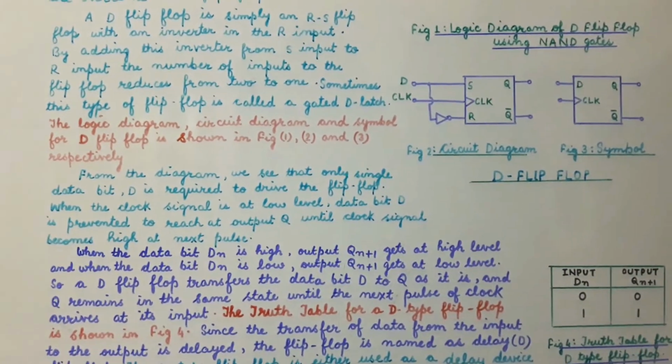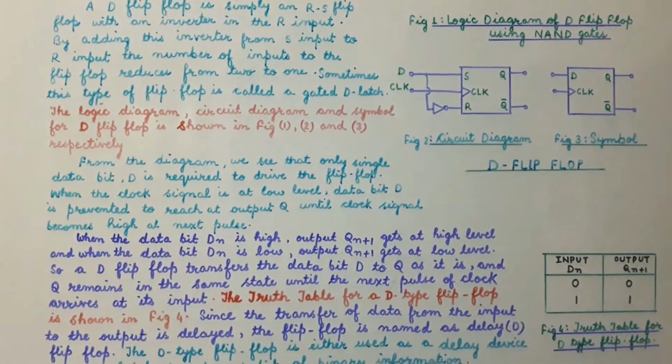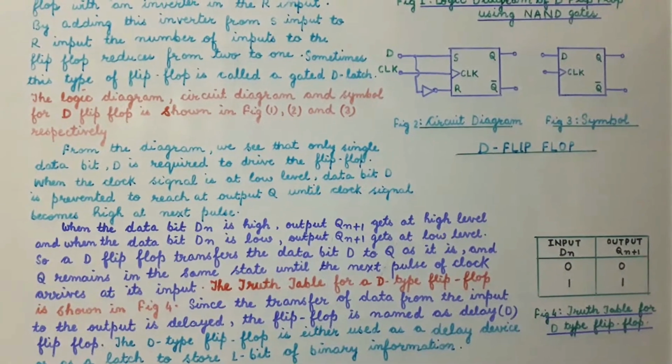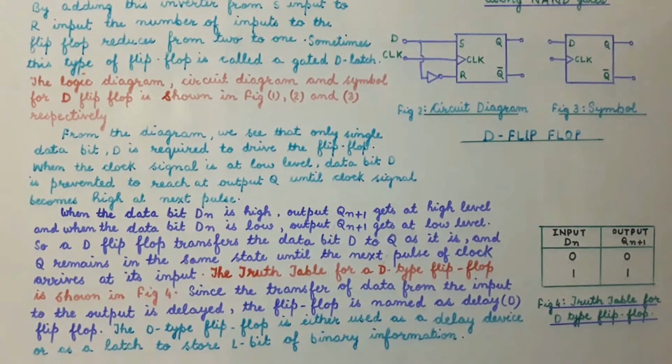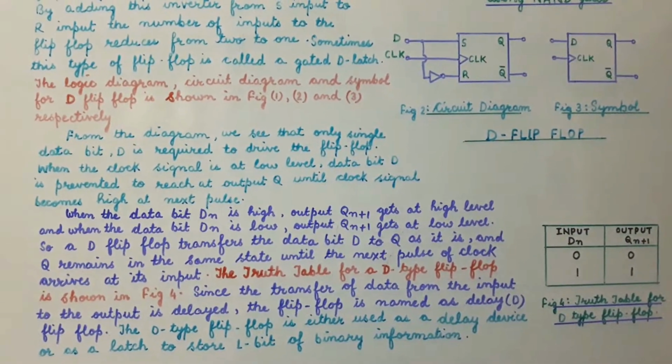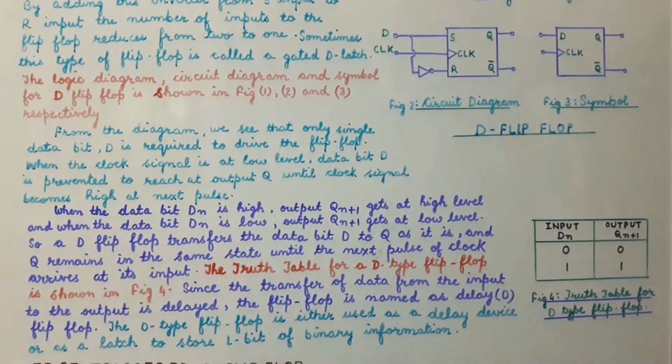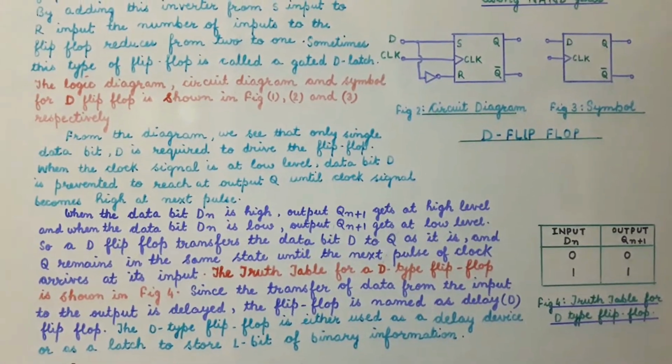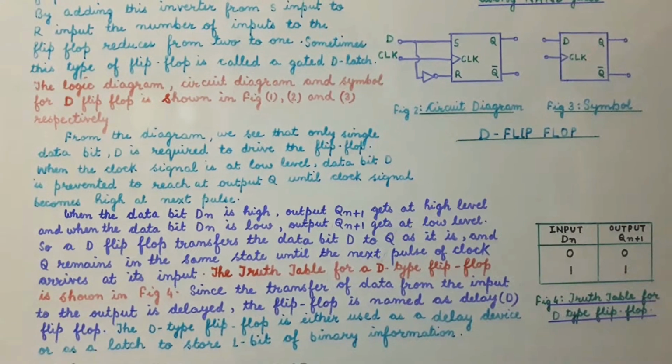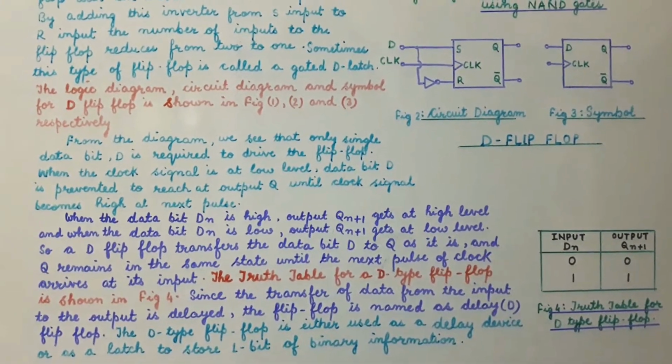And Q remains in the same state until the next pulse of the clock arrives at its input. और Q का वैल्यू इसी स्टेट में रहेगा जब तक कि नेक्स्ट क्लॉक पल्स उसके इनपुट पर नहीं आता है.